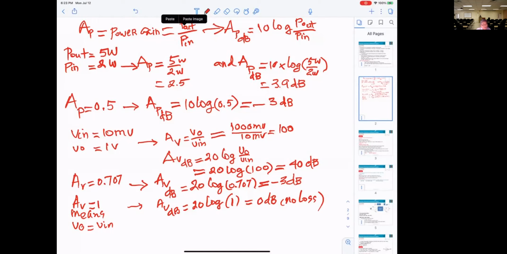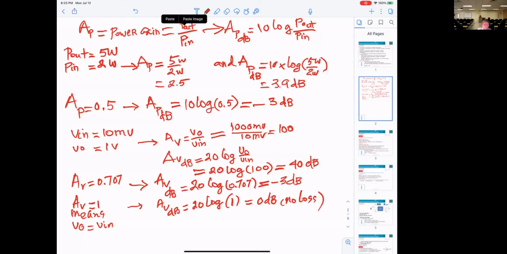And if you apply input 5 volt and get output 10 volt, you get gain. So when you're doing a calculation in decibel, if you get dB positive, then you get gain.